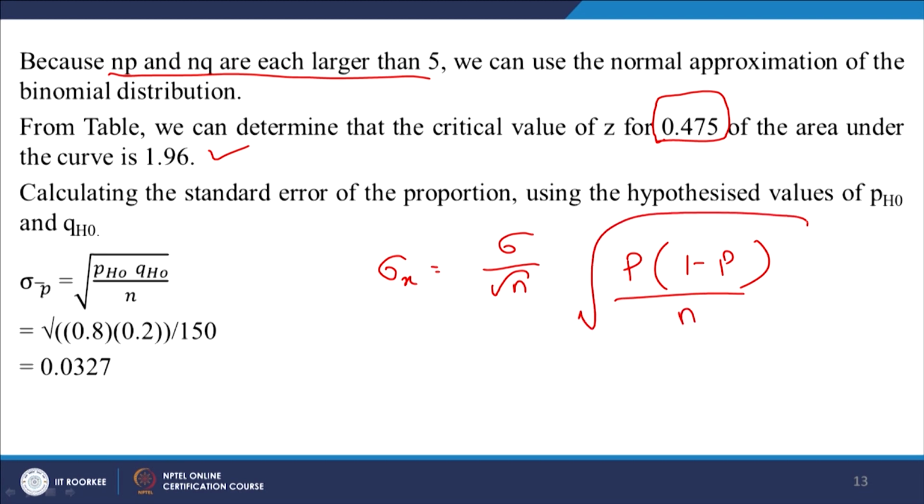In our case, P was 0.8, the hypothesized proportion, Q was 0.2, divided by n, which was 150. So, the standard error of the proportion is 0.0327, right.